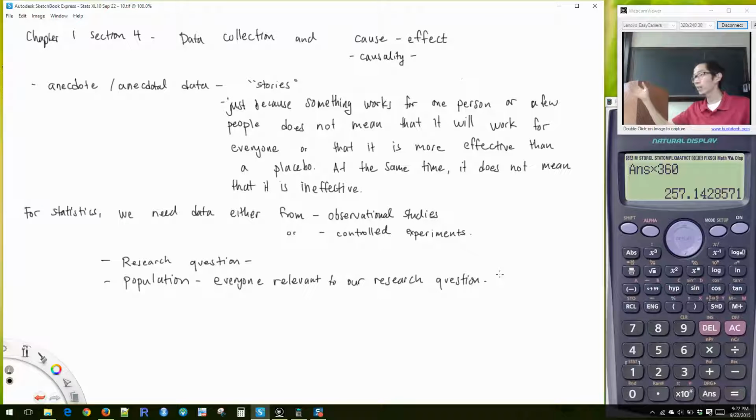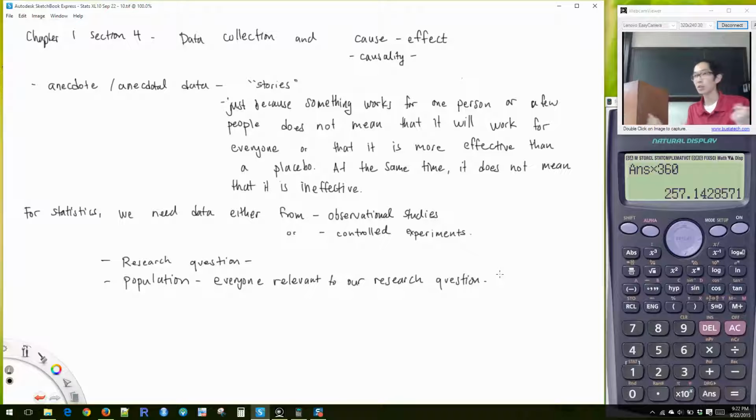And if the drug turns out to be effective in this clinical study, then I might be able to say, these people represent everyone with diabetes. Therefore, I'm going to conclude that this drug would also be effective for everyone with diabetes. Obviously, I'm not going to say, well, it helped these people with diabetes, therefore it's going to help people with cancer or something like that, right?